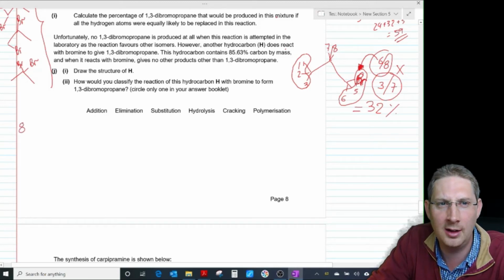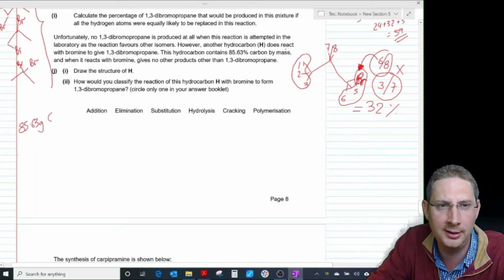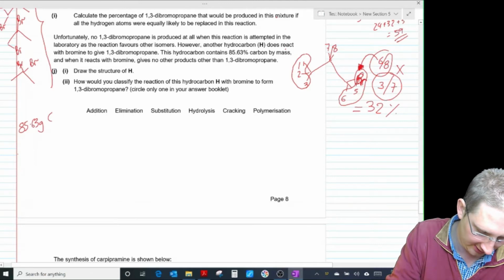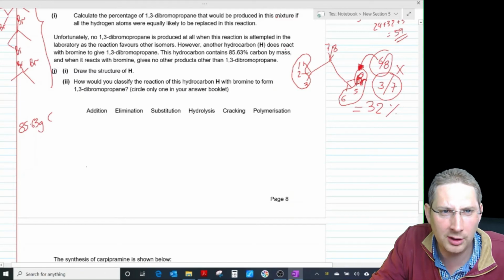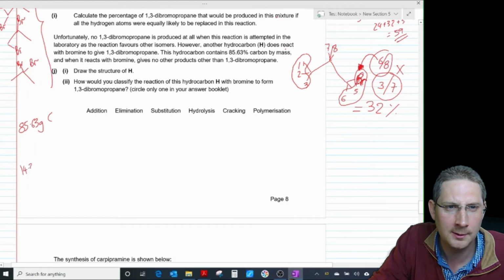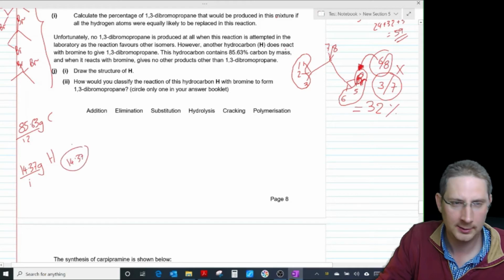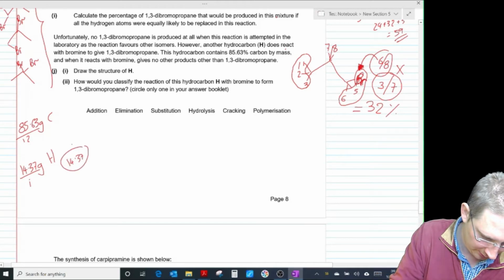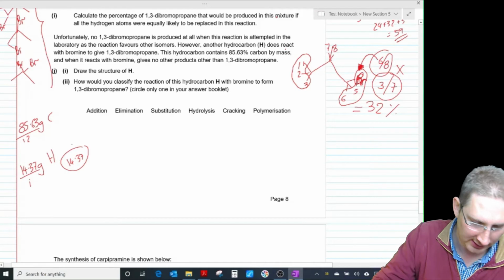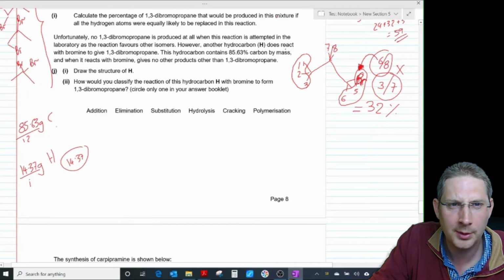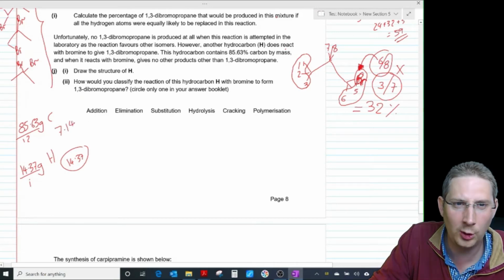Okay, so in 100 grams, 85.63 grams of carbon, meaning, I should be able to do this in my head, but I'm feeling lazy. It's 14.37 grams of hydrogen. Divide that by 12, divide that by 1. That's obviously 14.37. 85.63 divided by 12 is 7.14.